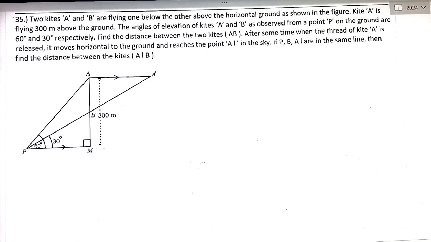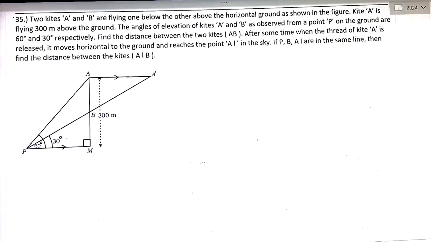Next, the angles of elevation of kites A and B as observed from the point P on the ground are 60 and 30. Now they said from the point P, while observing, the angle of elevation to A is 60 degrees, and to B the angle of elevation is 30 degrees.